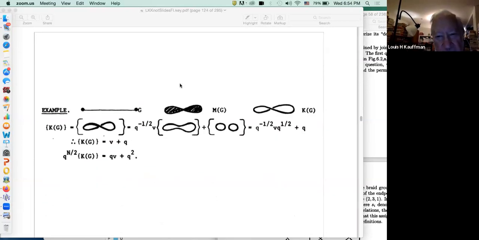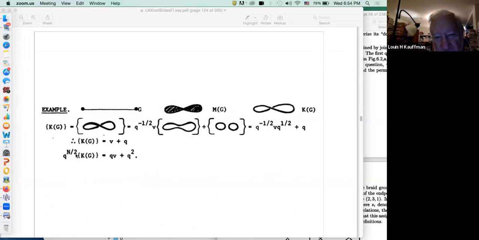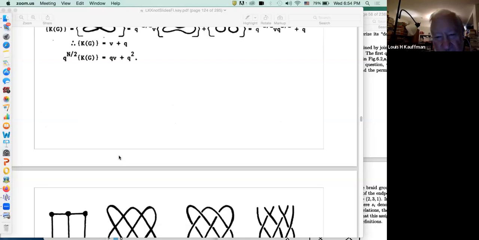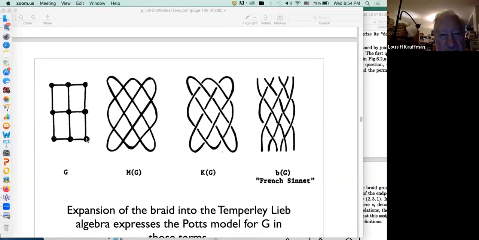Now, let me see what else I can show you here. This is an example of doing it directly. I could calculate this and work it out and see that once I had normalized it, it gave me the same result as the dichromatic polynomial. And I can translate by this medial construction between a graph where I might do the Potts model and its medial. This was obtained by putting little x's in each line.